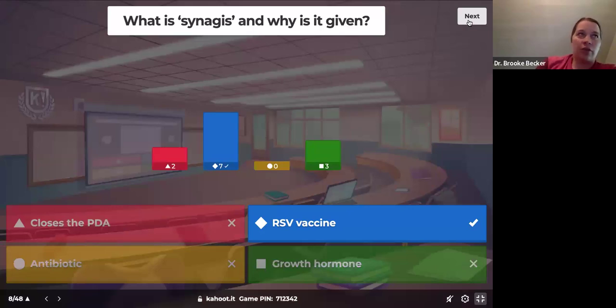You give it to hopefully give those kids some antibodies to RSV so that they do not get significantly ill with RSV. Their immune system can recognize the antibodies and make antibodies to RSV before they become significantly ill, which is the goal with Synagis. And it's once a month all through respiratory season, so usually October through March.